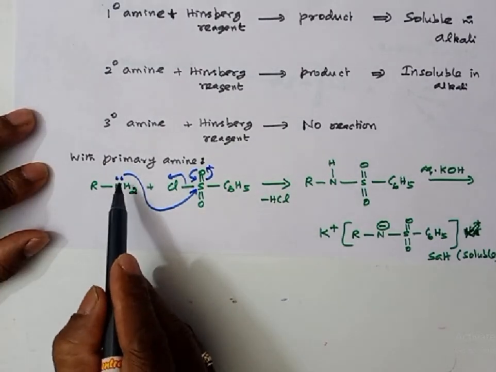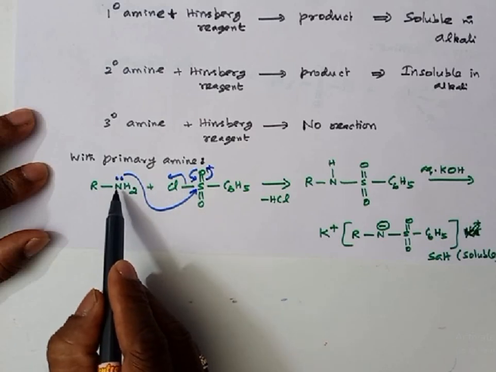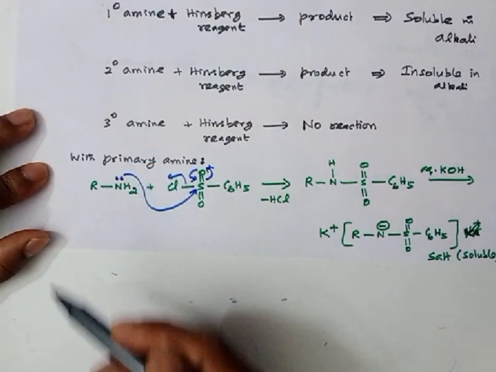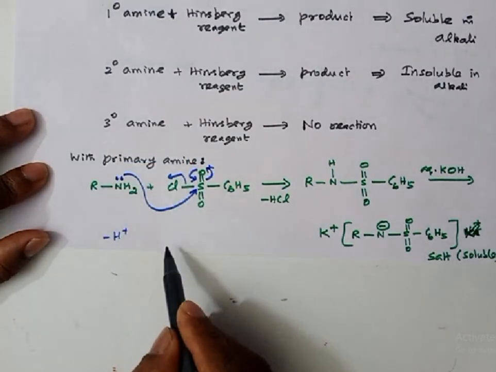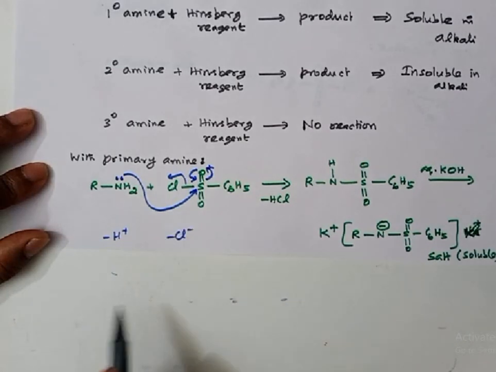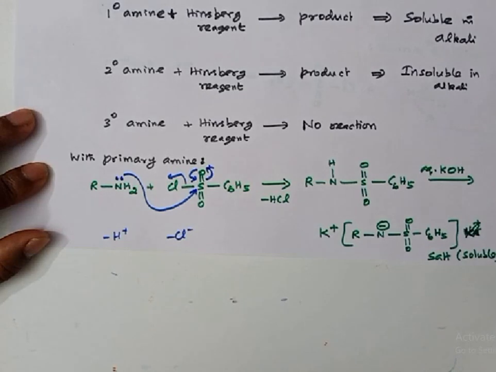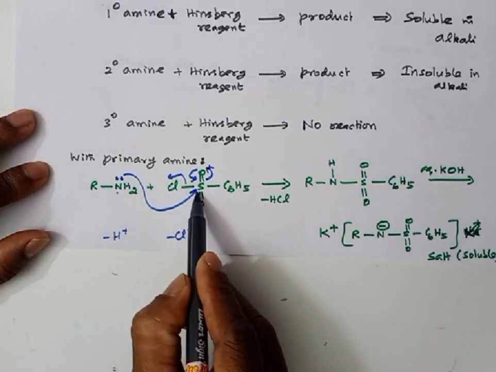And here, since nitrogen donates the lone pair, nitrogen gets a positive charge. To neutralize that positive charge, one hydrogen comes out as H plus. So here one H plus is coming out, one Cl minus is coming out, H plus and Cl minus combine and form HCl. Now you will get a new bond between nitrogen and the sulfur.